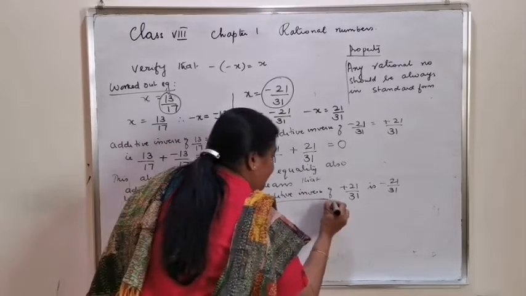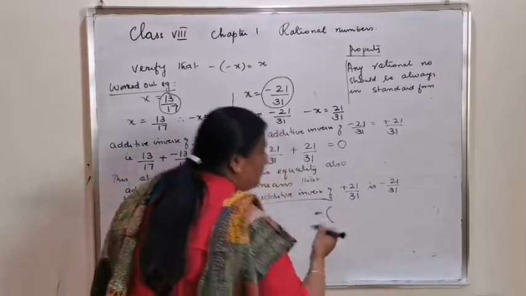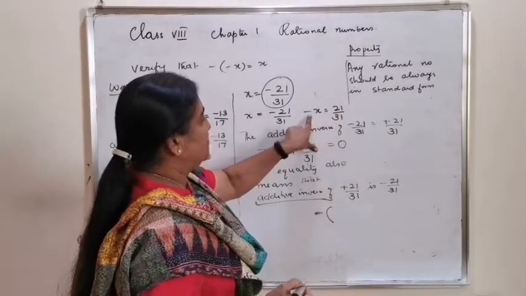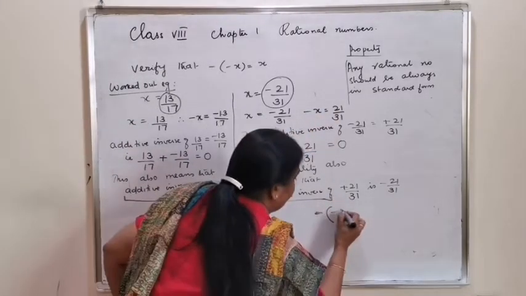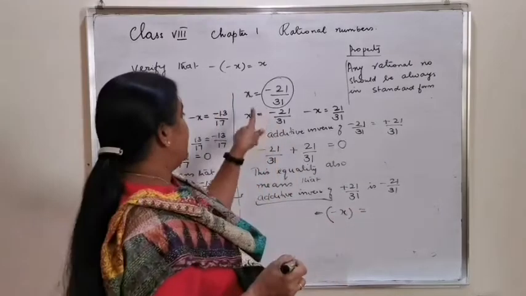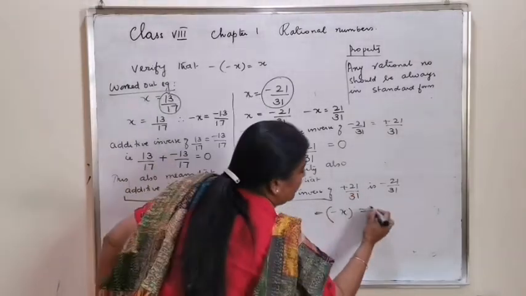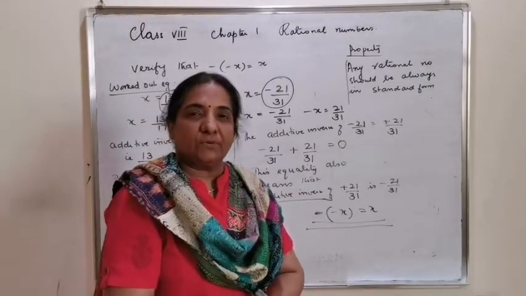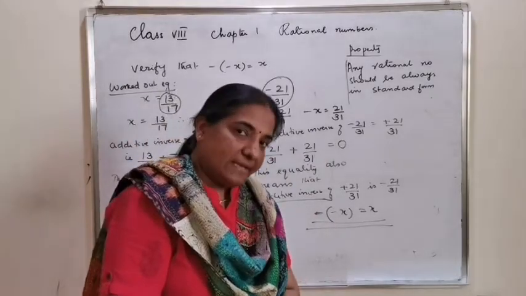By the concept of additive inverse, minus of positive 21 by 31 is your negative x, and minus 21 by 31 is your positive x. That is, minus of minus x is equal to positive x.